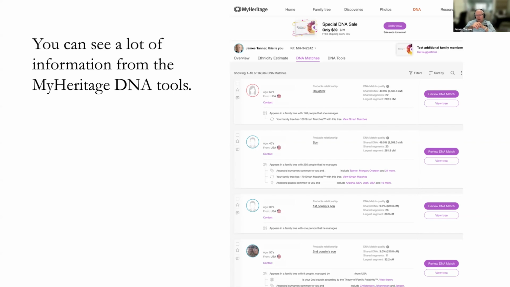Without getting into the biology and all the genetics, that number as it gets larger is an indication of a greater degree of relationship.